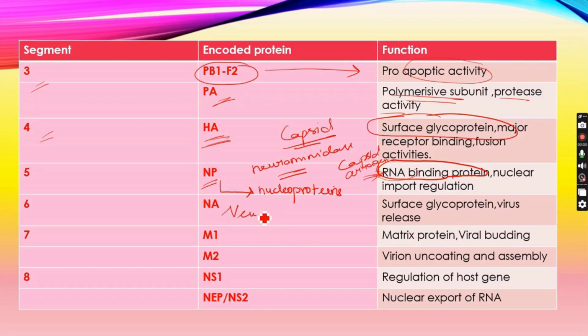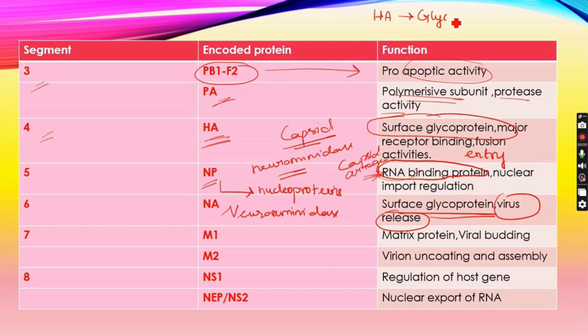NA is a neuraminidase. It is also a surface glycoprotein, which is very important for viral release, whereas HA glycoprotein is involved in the entry of the virus. There are two proteins, the capsid protein HA, which synthesizes the glycoproteins.